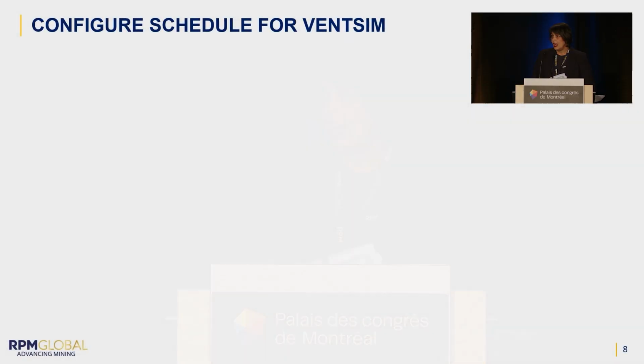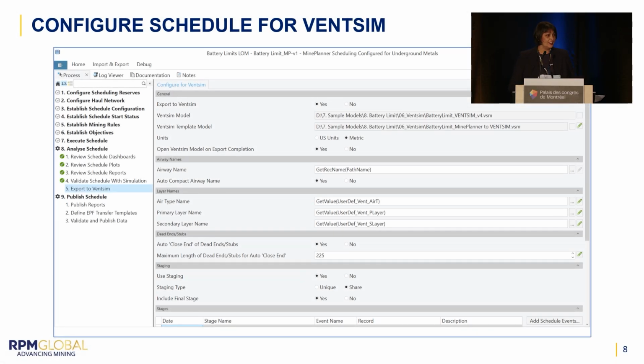After we've run the schedule, this is the screen we use to set up the export to Ventsim to generate a Ventsim model. You can see down the left-hand side, we can see the workflow. We've run the schedule already, and so now we're ready to send to Ventsim.